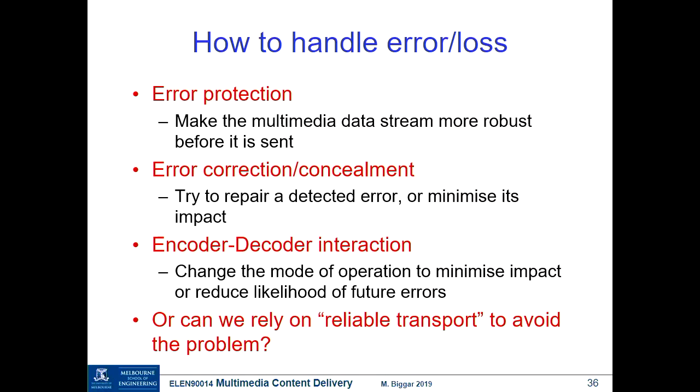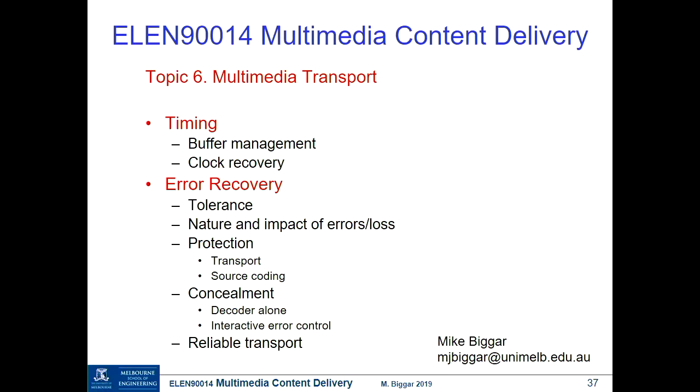Why do we make that assumption? Well, we assume that retransmission requires a long delay, and at least some applications of our multimedia streaming could not tolerate that long delay. But we will investigate that in more detail, and we'll actually see that there are very important applications where we can use reliable transport.